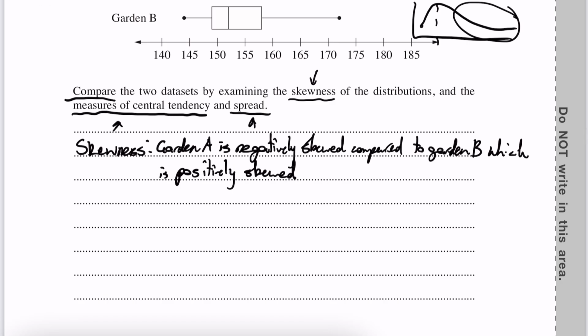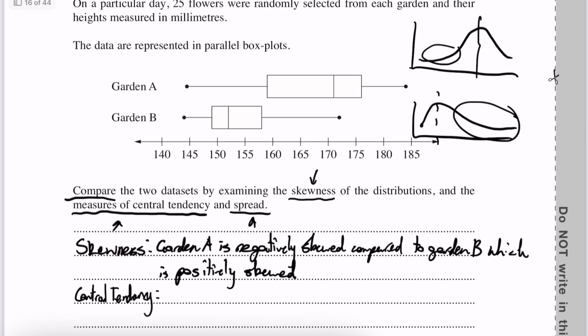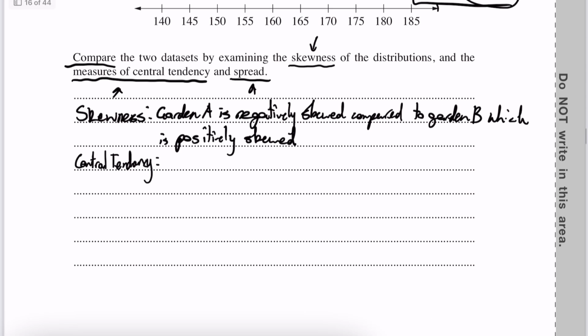Measures of central tendency is the next one. So let's just call that central tendency. Now, central tendency is the center, right? And what is the center of these graphs? Well, it's the median, okay? And we just need to compare these two. So if I just look at the median of garden A and garden B, I should see that the median of garden A is larger than that of garden B. So that's all we need to write.